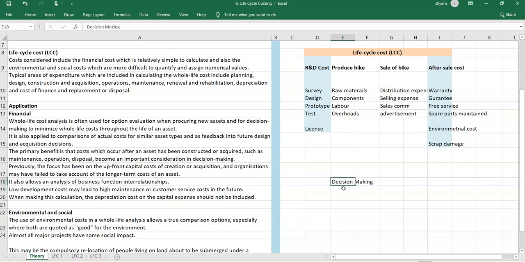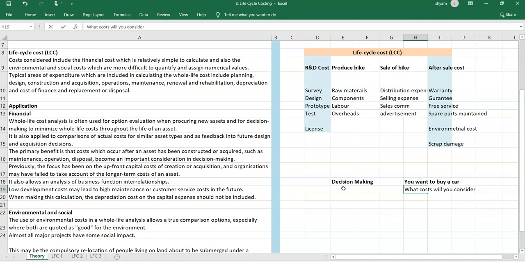For example, you want to buy a car. What costs will you consider?